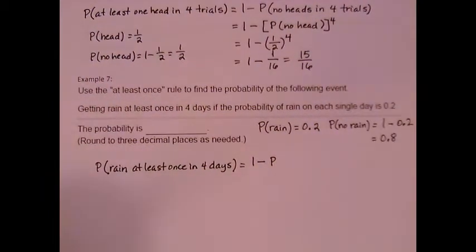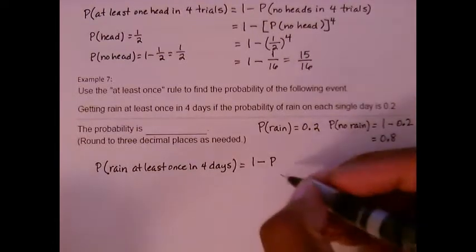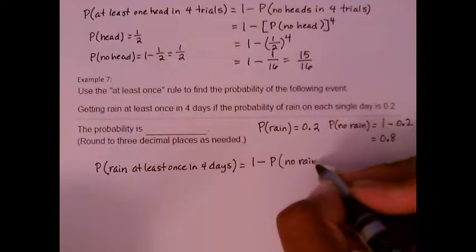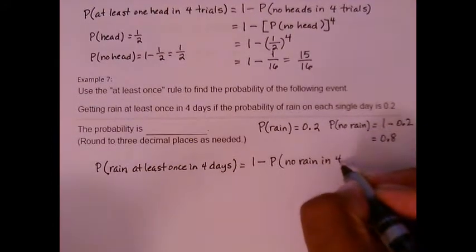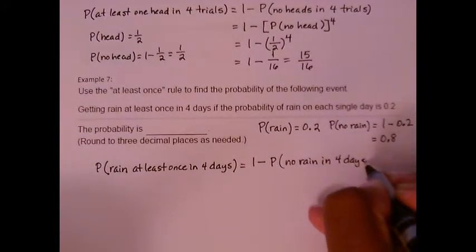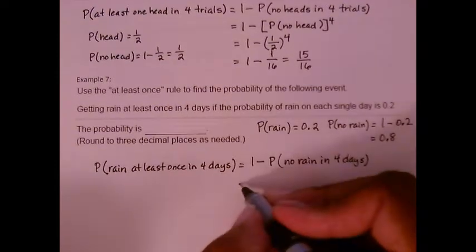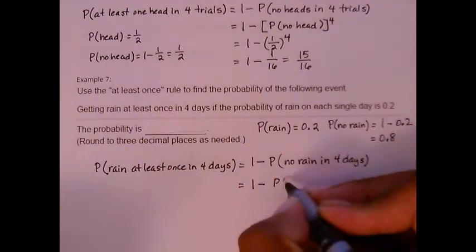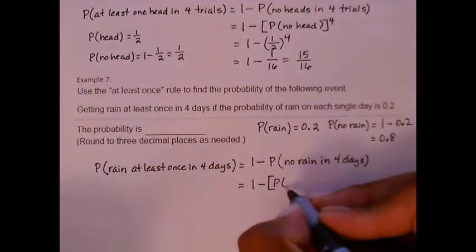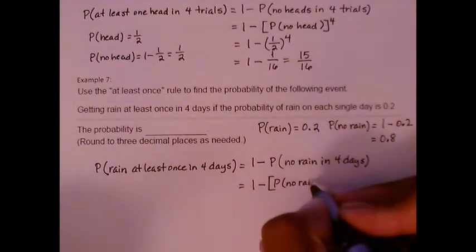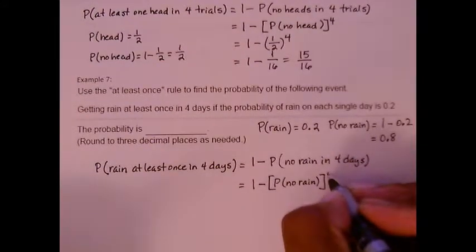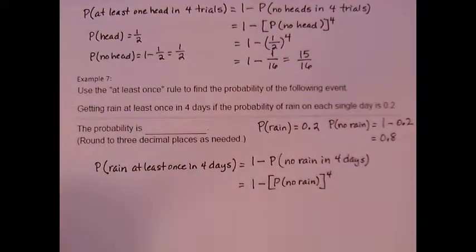We have to use that rule that says 1 minus the probability of no rain in 4 days, which is equivalent to 1 minus the probability of, I'll put that in bracket, no rain. And that's going to be raised to the 4th power because that's the number of trials here in 4 days.